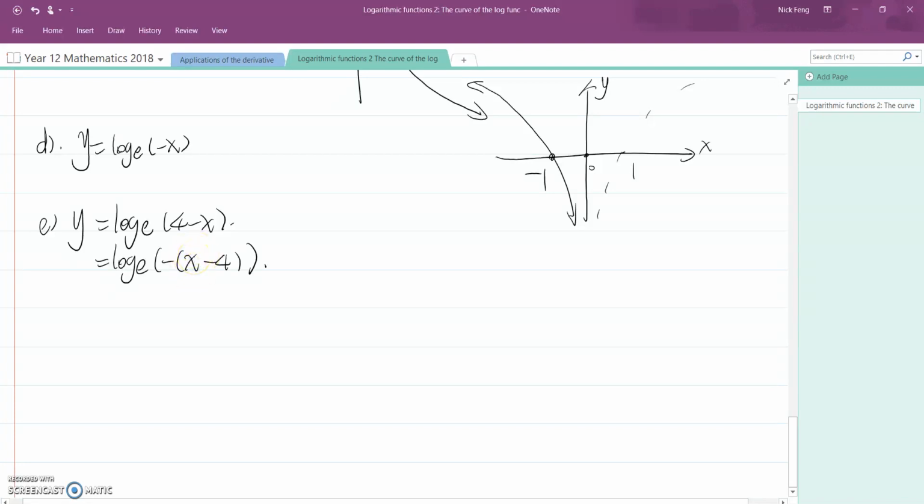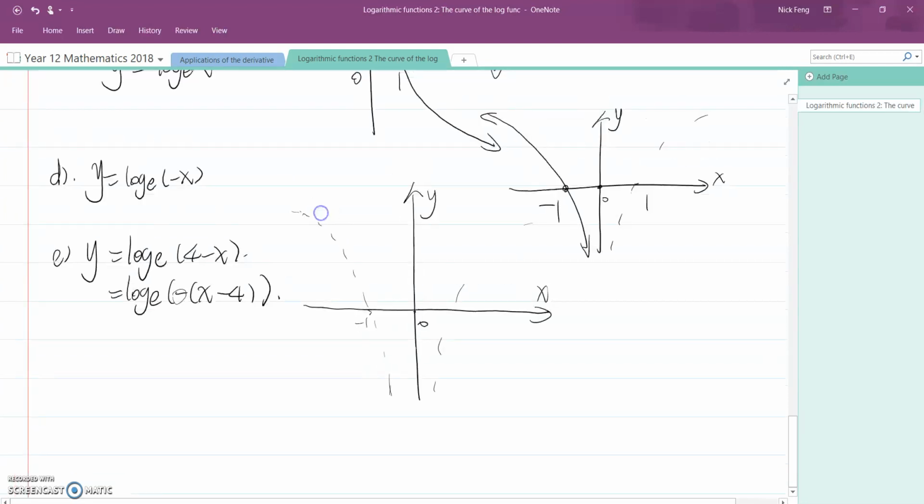If it's not, you make it. So therefore, in this case, remember, we have to deal with reflection first and then shifting. So this negative here represents the curve has to reflect about the y-axis, a horizontal reflection, that gives you -1.